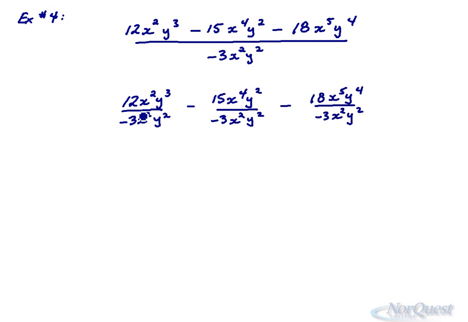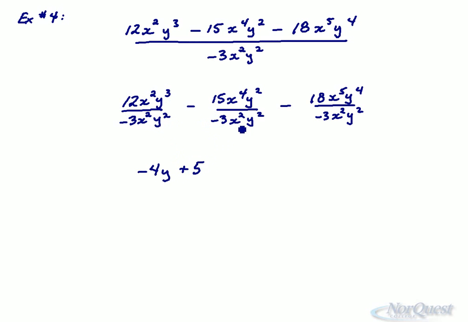Divide out each term. 12 divided by -3 will give us -4. X squared divided by x squared gives you 1. Y cubed divided by y squared will give you y, so the first term is -4y. -15 divided by -3 will give us +5.